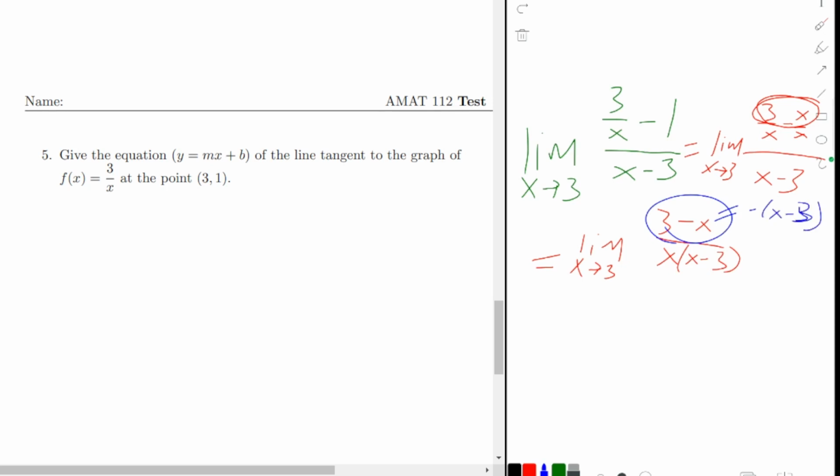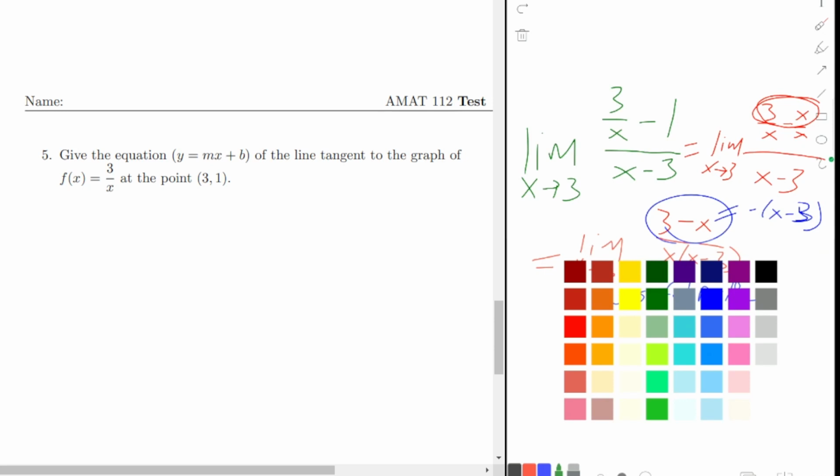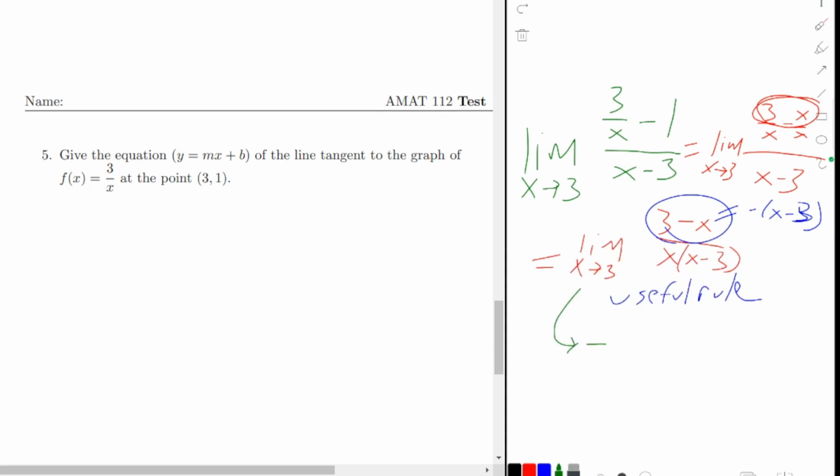Right? So by the useful rule, this limit is equal to the limit as x goes to 3 of, not forgetting about this negative part, negative 1 over x. And, you know, you just plug in the 3 now, and this limit is negative 1/3.